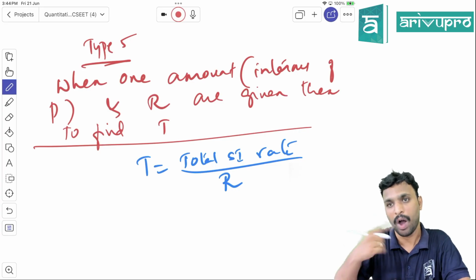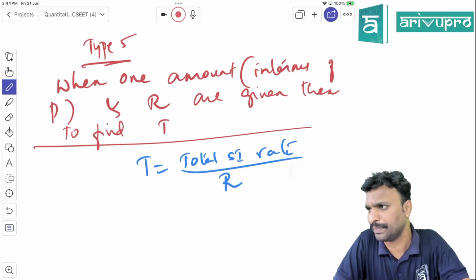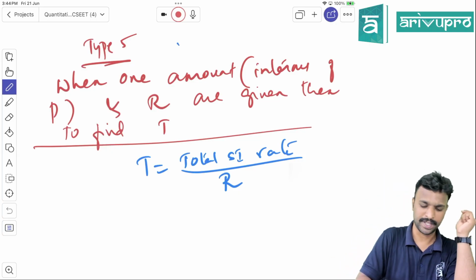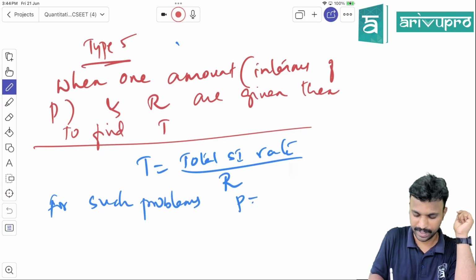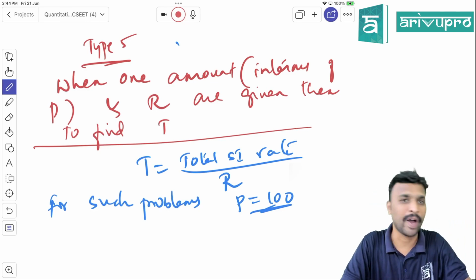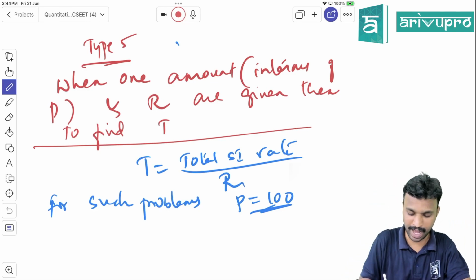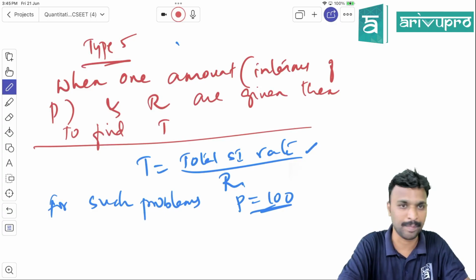Now, how to find total SI when the amount is given? Please understand one thing. For such a problem, P is taken as 100, that is, 100%. Why should P be taken as 100%? Because R will be in terms of percentage. Even the total rate also should be in terms of percentage.